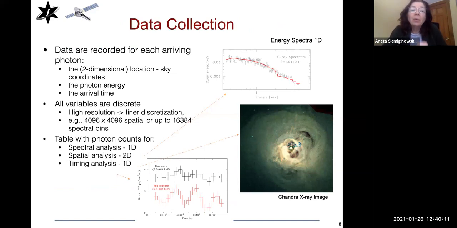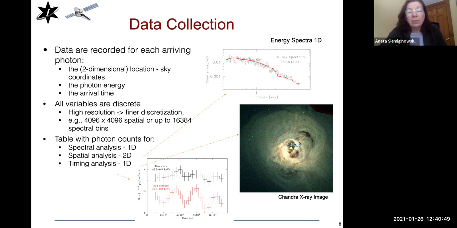So data collection continues. We basically record each arriving photon, so the location of the photon on the sky, the energy of that photon, and the arrival time. Now, when I was thinking about this engineering data, every single photon has some measurement uncertainty associated with location on the sky, energy, and even arrival time, because there is the time resolution of the detectors, which limits the continuity of the time.